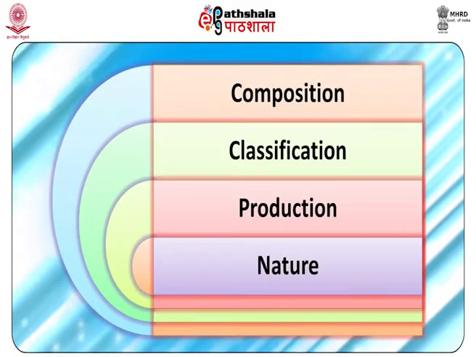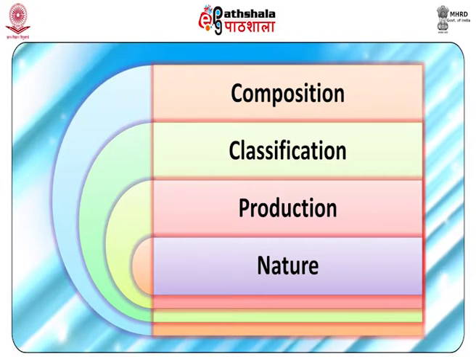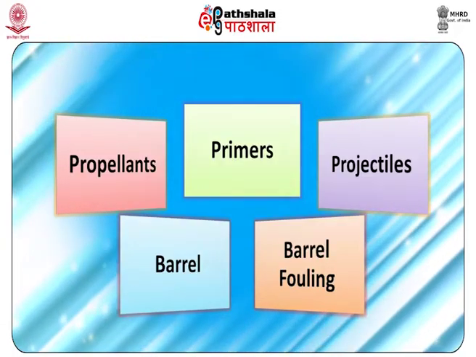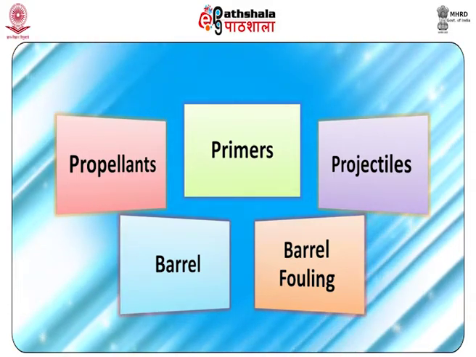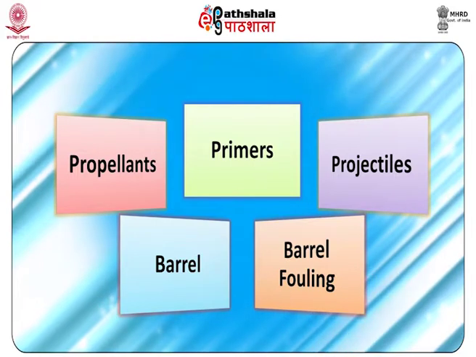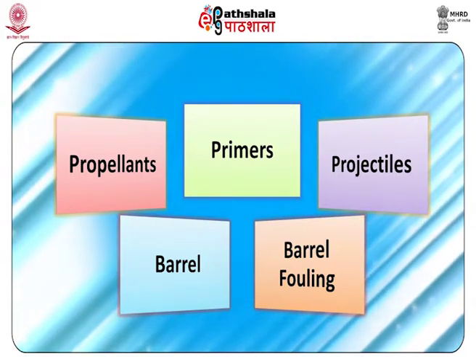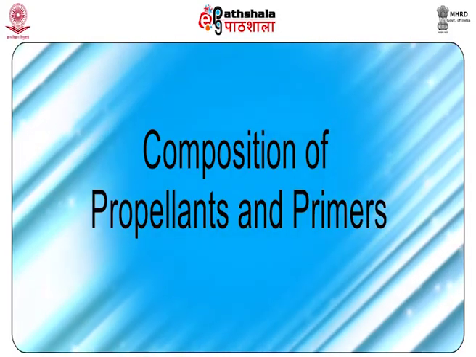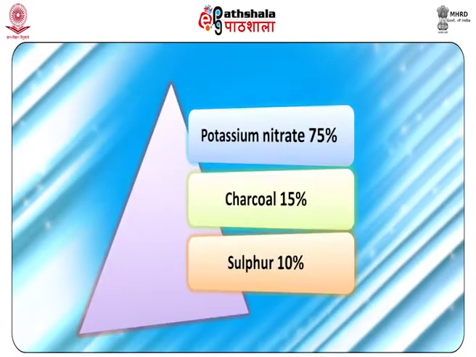The composition, classification, production, and nature of gunshot residue is very complex, and their composition depends on several factors like composition of propellants and primers, composition of projectiles, composition of barrel, and barrel fouling. Let us see composition of propellants and primers first. Black powder.